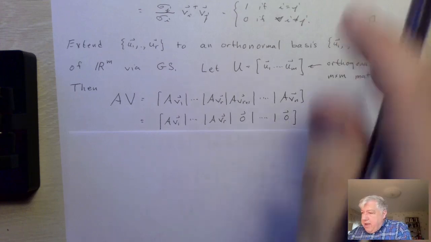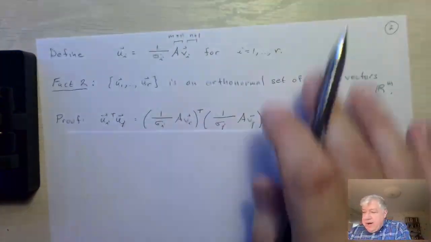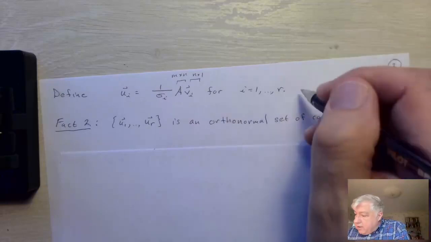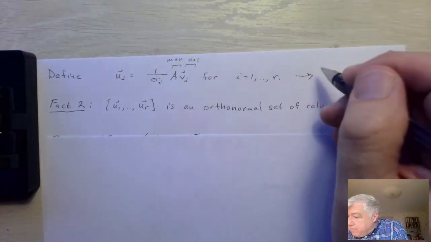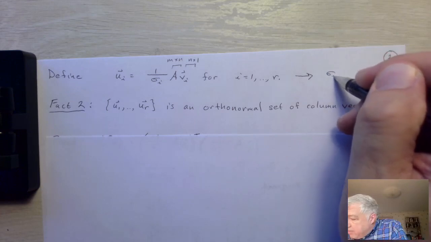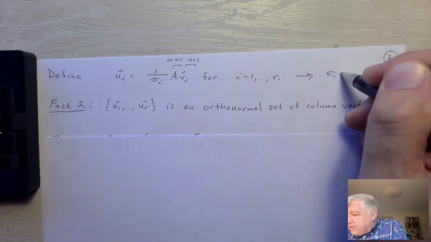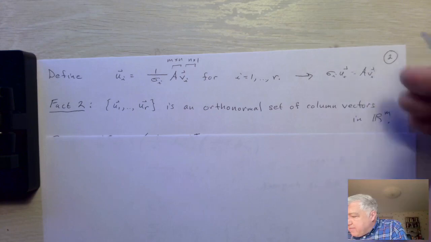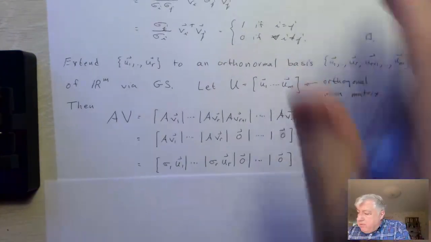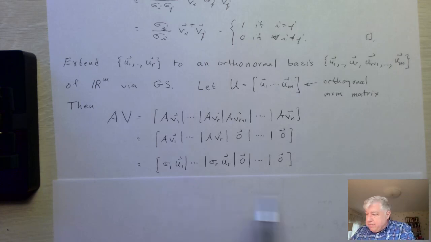Okay, and then from the definition of Ui up here, we can multiply both sides by sigma i, and so sigma i Ui is going to be AVi. So that's how we get this next step right here.